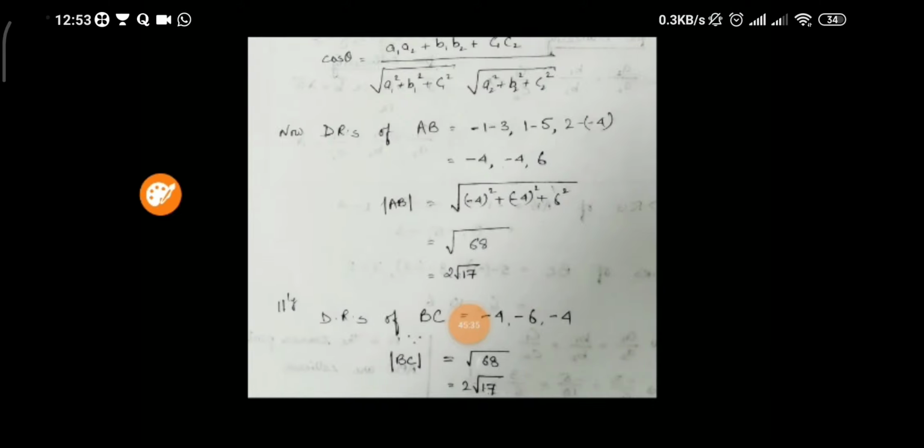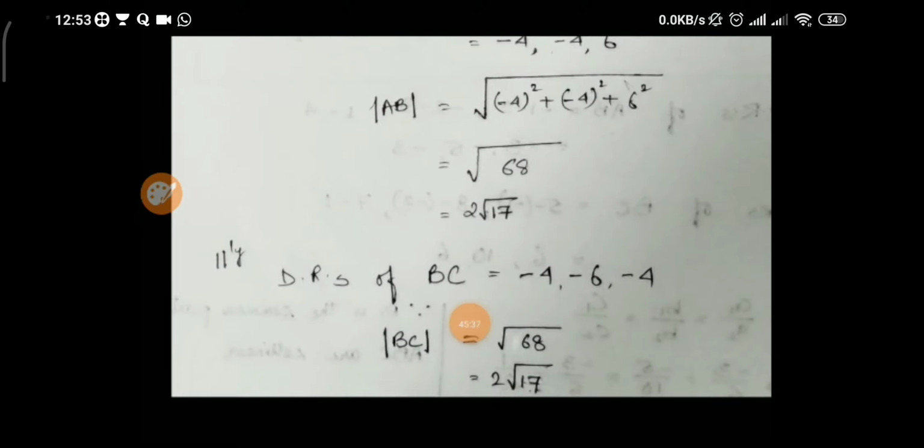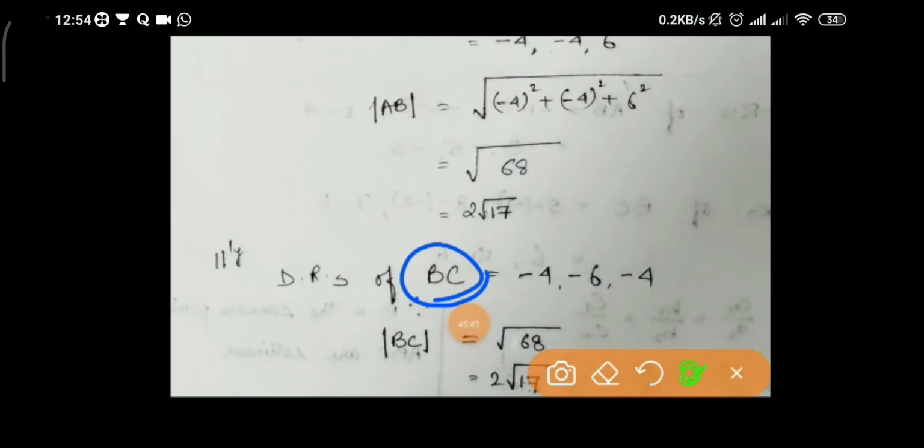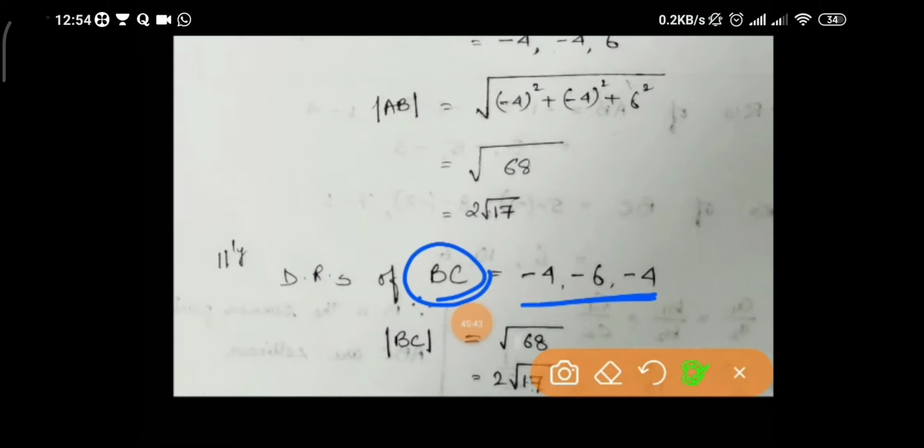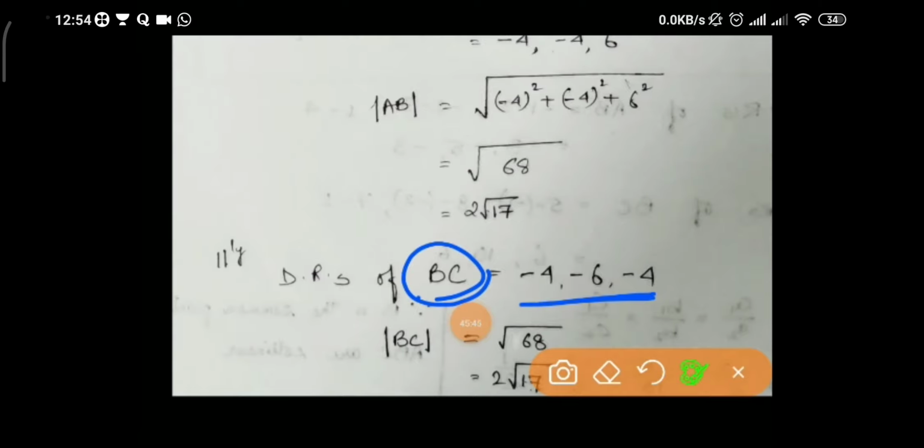So I will find the magnitude also. Now similarly you will find the direction ratios of the line BC. Once you get the direction ratios of BC, then you can find the magnitude. Why am I finding the magnitude? Because we will be finding direction cosines also.